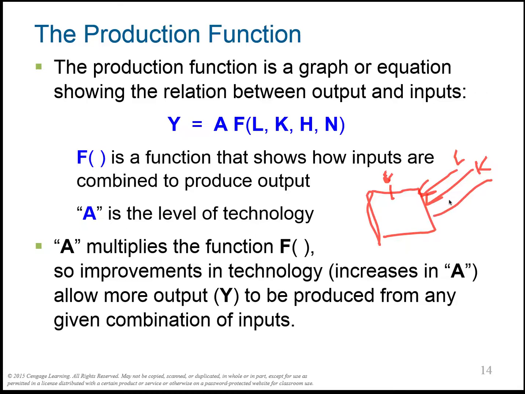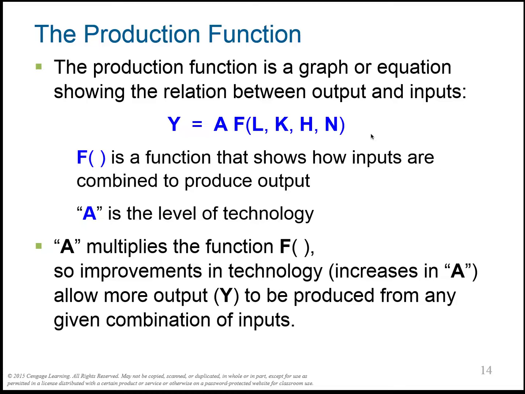You can see that H is going in. You can see that N is going in, right? And it enters the doors, and then out pops the output Y. Now, we don't know exactly what's going on inside this factory. We just know it's some function process, so we're going to put F of blank. And the blank is labor, capital, human resources, and natural resources. Okay? That's kind of the way I think about it.